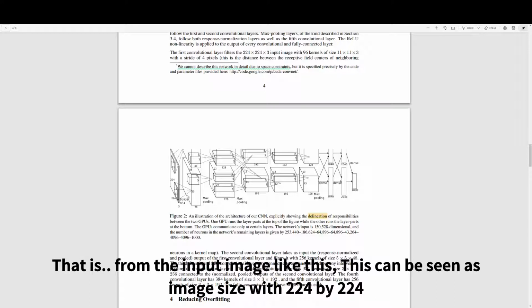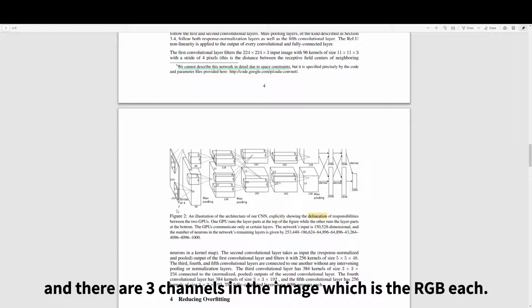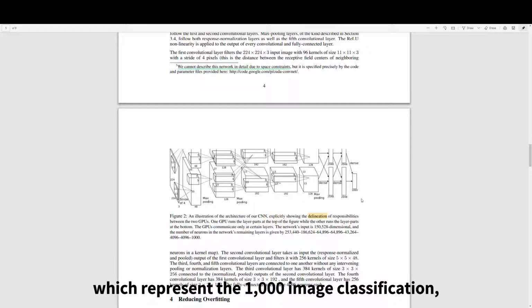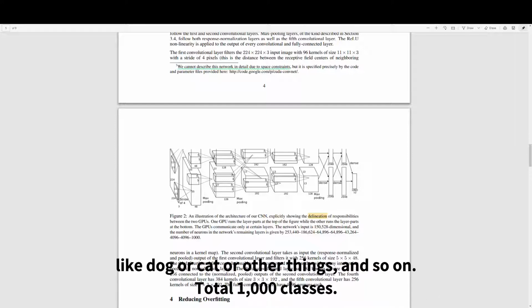From the input image, which has a size of 224 by 224 with 3 channels, the RGB channels, this image is the input of the overall AlexNet architecture. And the output is 1000 categories, which represent 1000 image classes, like dog or cat and so on.